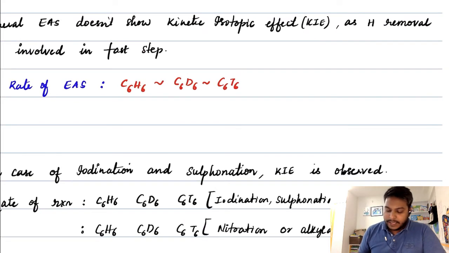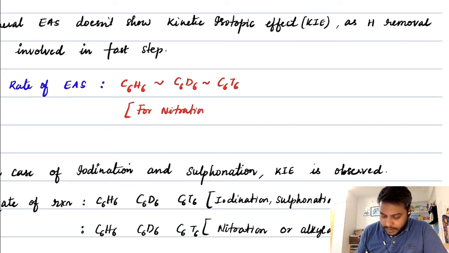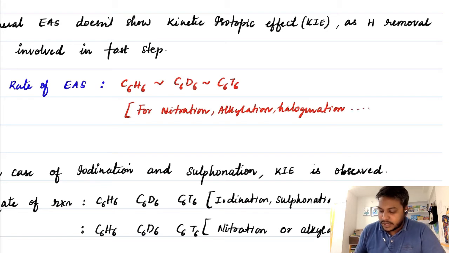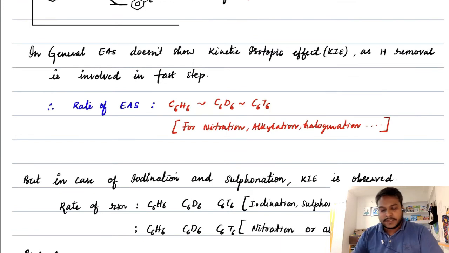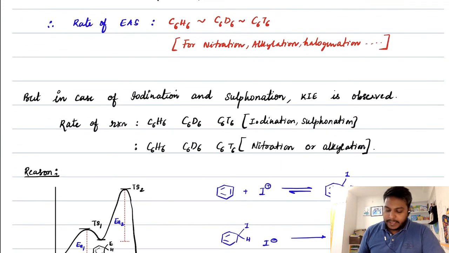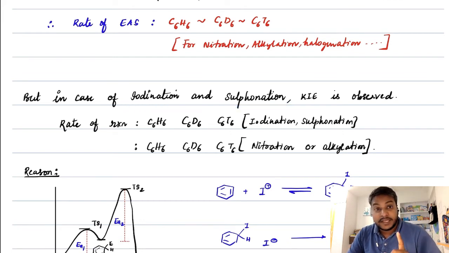Okay, and this pretty much follows for nitration, alkylation, halogenation, and many other reactions. For most of the reactions, this is the rate which follows. But in case we have iodination and sulfonation, then the second step will become the rate determining step.